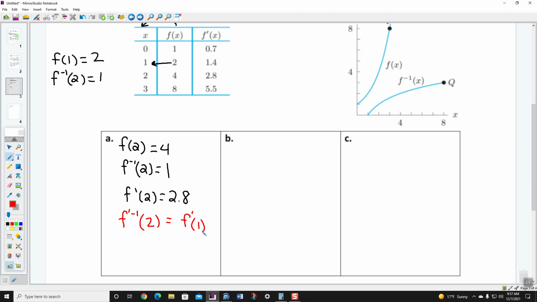You guys agree that f inverse of 2 is the same as f of 1, right? What's the slope at f of 1? But since we're doing the derivative of an inverse, it's got to be the reciprocal. So this is going to equal 1 over what?